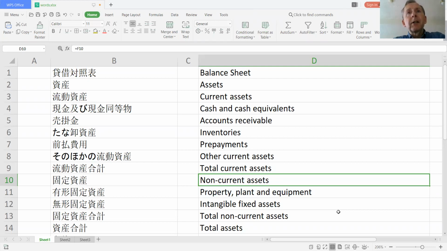What is a current asset? A current asset is something satisfying one of three conditions.